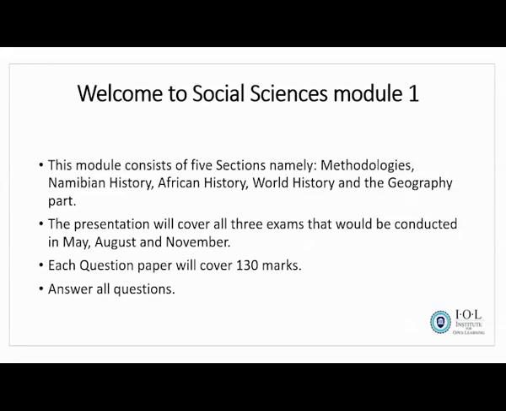The presentation will cover all 3 exams that will be conducted in May, August, and November 2022. Each question paper will cover 130 marks, and you are expected to answer all questions.